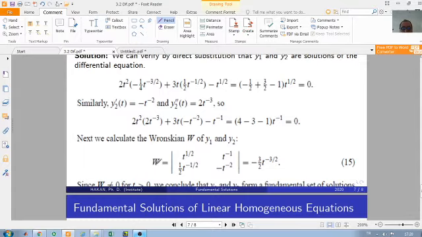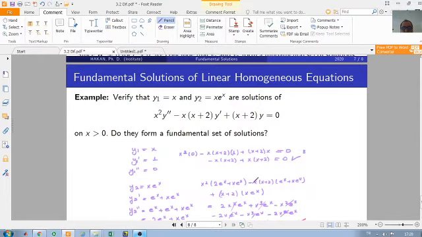So the Wronskian is not equal to 0 for every positive value of t. Therefore we conclude that y1 and y2 form a fundamental set of solutions.